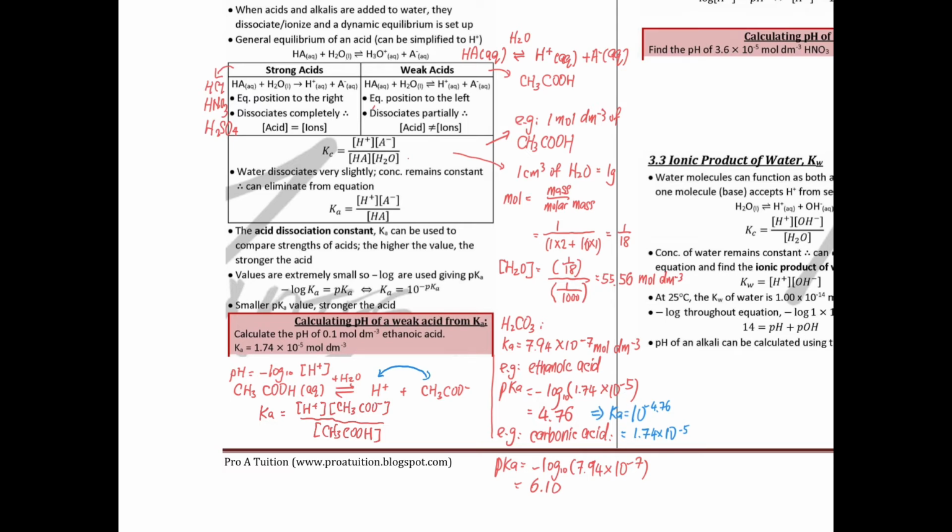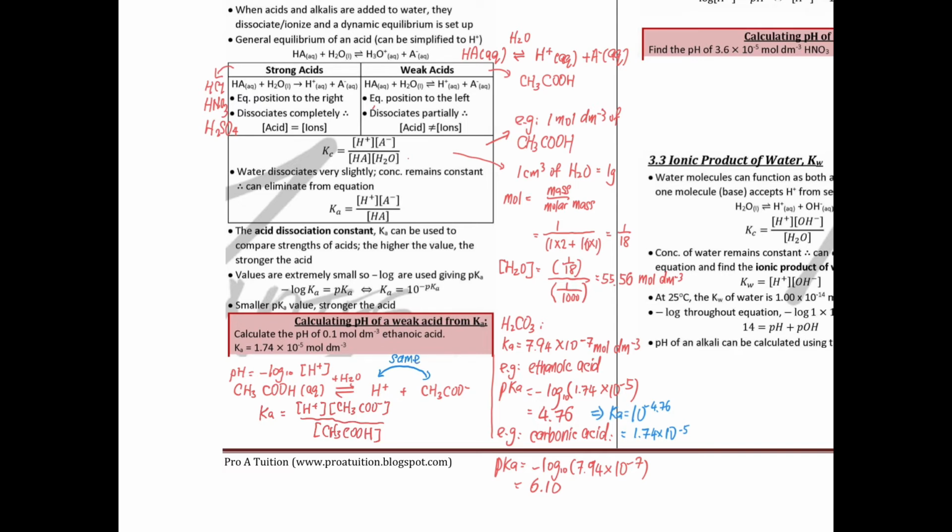But the thing is, we have to know that these two will have the same number of mole. For example, if one CH3COOH dissociates, then it will form one H plus and one CH3COO minus. So these two have to be the same number of mole.